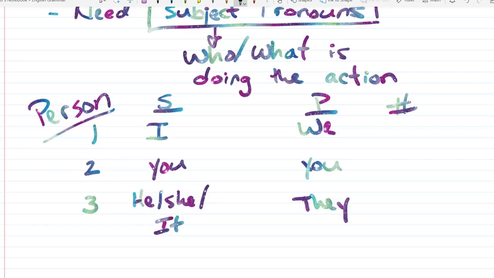And then third person is if I am speaking and talking to someone that's not you, but someone else outside of the conversation entirely. He, she, or it, right? These are the general ways that we can refer to people and subjects and who's doing the action. Now, the important thing to know is that for third person, it could be he, she, or it, or any noun, right?